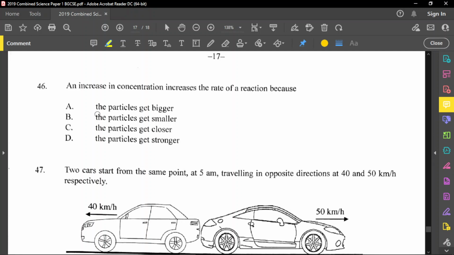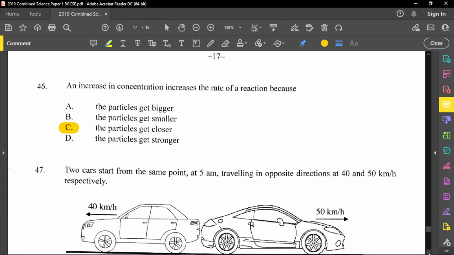So, no, the particles are not bigger. No, the particles are the same size. No, the particles are not smaller. So A and B are out. Oh, the particles get closer. Yes, because you have more particles within that same volume, so they are closer. They bombard and collide with each other more, and hence they react much faster and quicker.